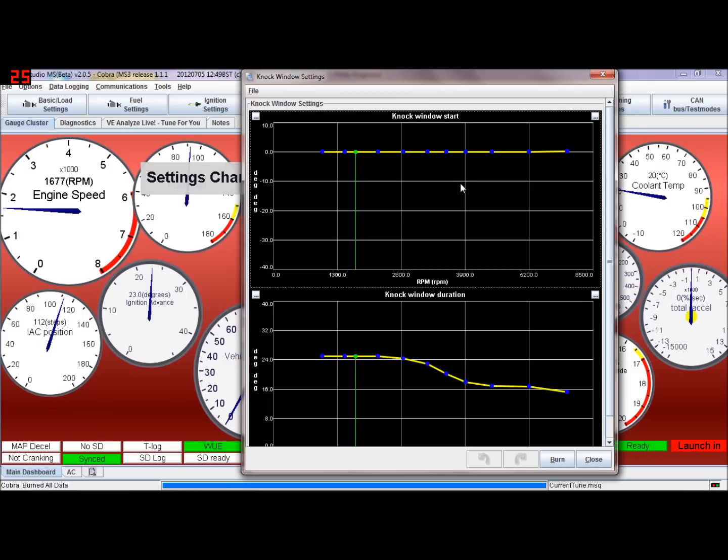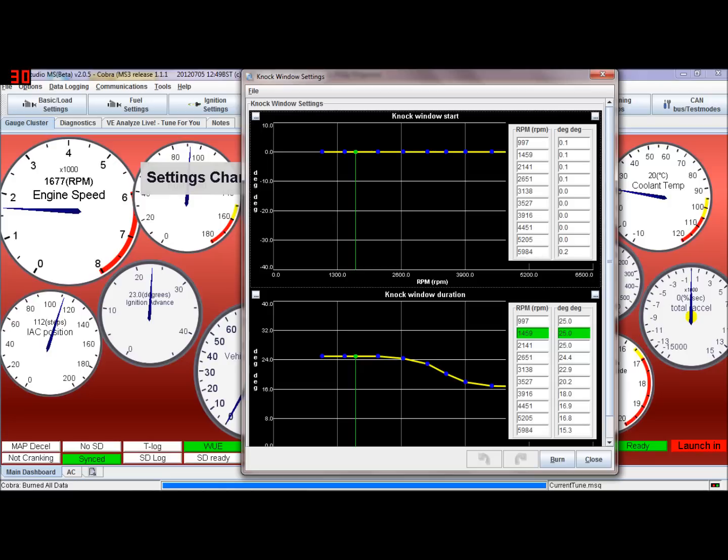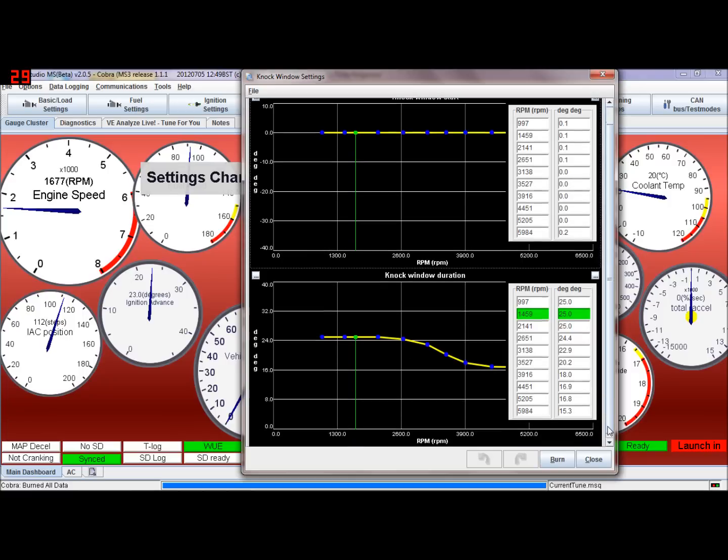So what they've added for MS3 is a window to allow you to only look at the knock sensor. It starts at 0 degrees here if you wanted it to, so in theory they should all be 0 degrees, top dead center. And then the window that it looks in needs to be quite large at low RPM and smaller at higher RPM.